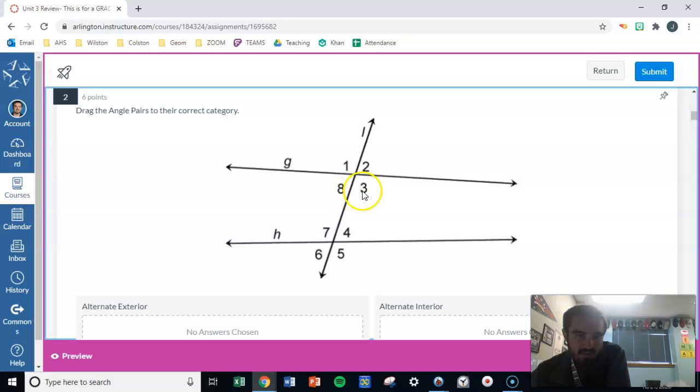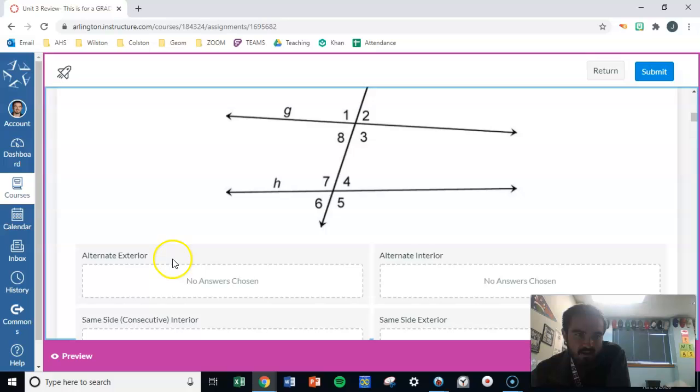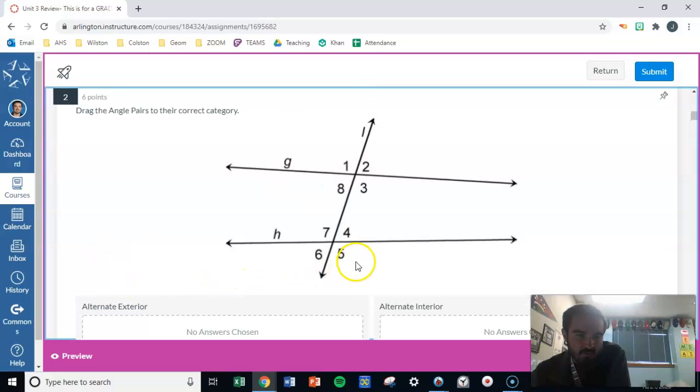So if you remember, 8, 3, 7, and 4 are what we call our interior angles because they're in between the two lines. Whereas 1, 2, 6, and 5 are on the exterior because they're outside of the interior. So alternate exterior angles would be on alternate sides, opposite corners.